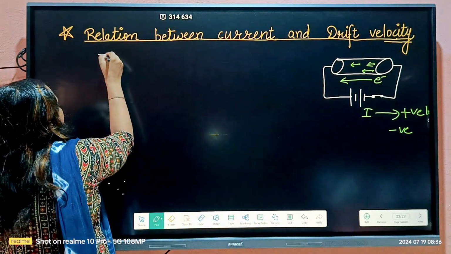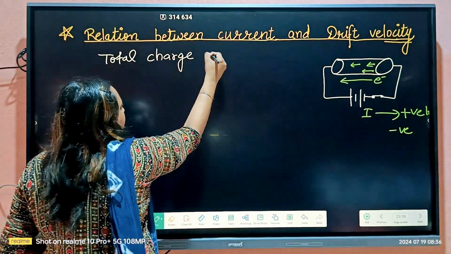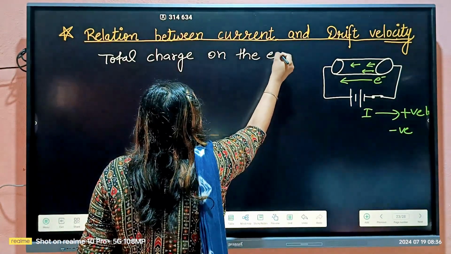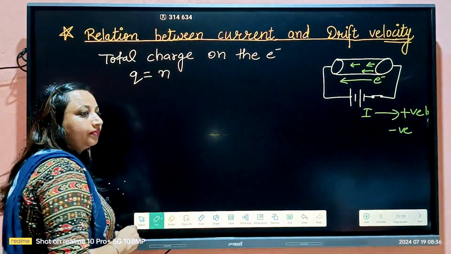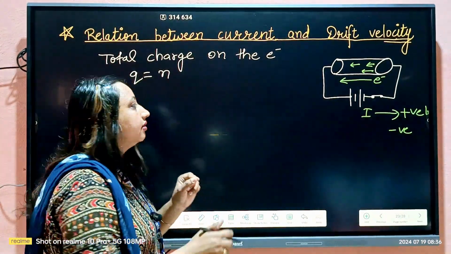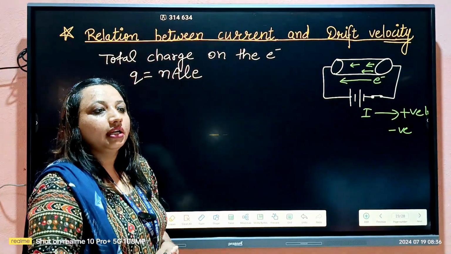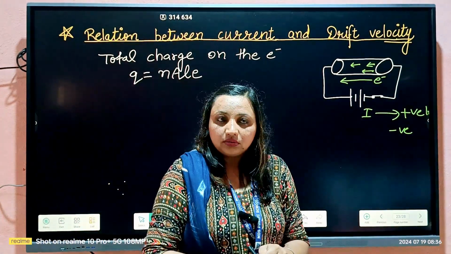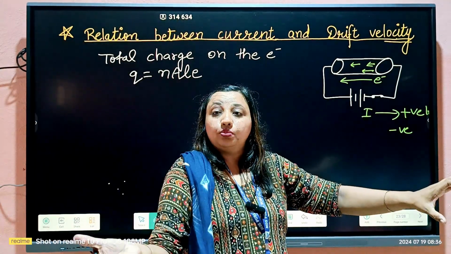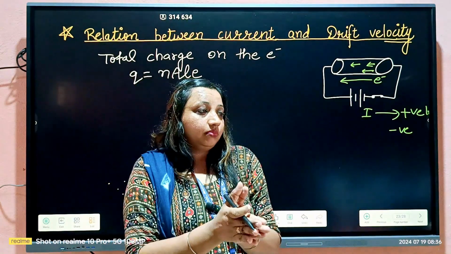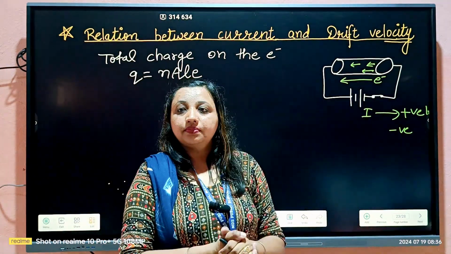The total charge on n number of electrons will be Q equals n A L e, where e is the charge on one electron, and n is the number of electrons per unit volume.